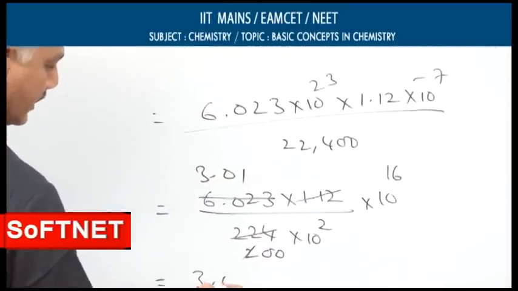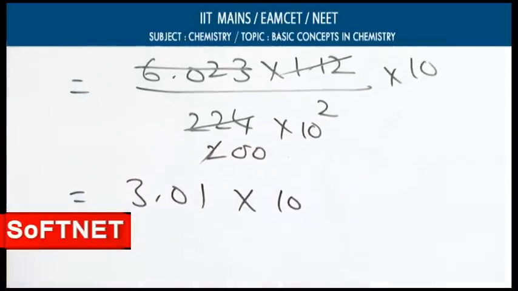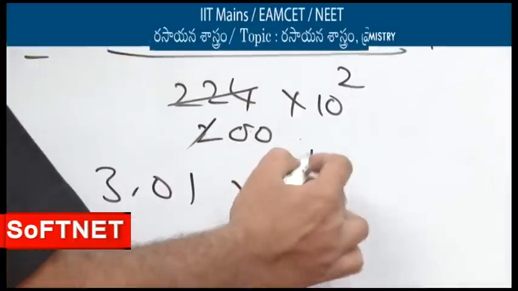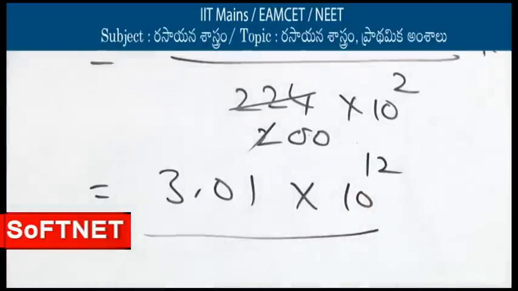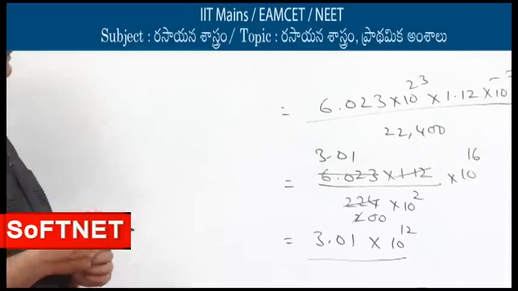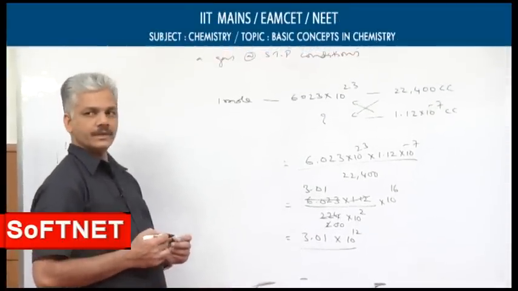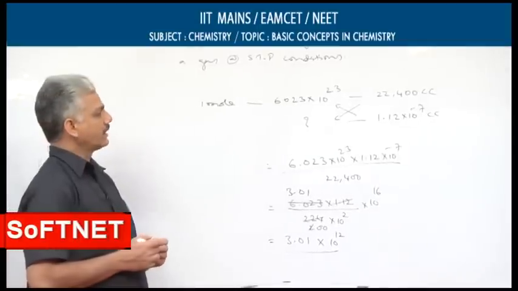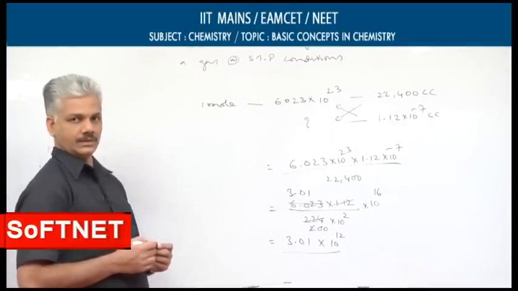So, approximately the value comes out to 3.01 into 10 power 4, and that is 10 power 12. So, the number of molecules present in the given volume of gas is equal to 3.01 into 10 power 12. As the number of molecules means a number, it does not carry any units here.